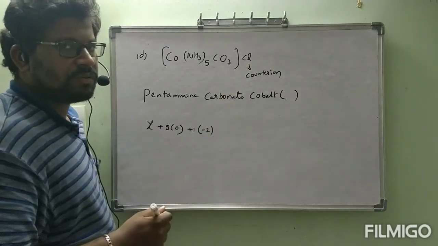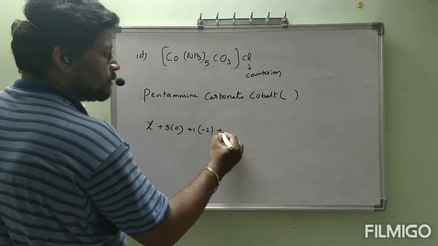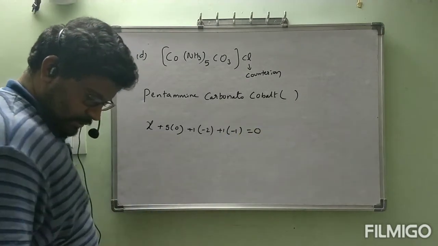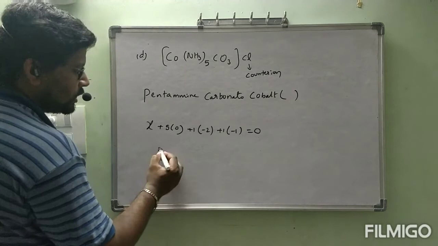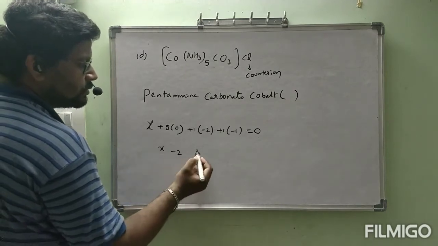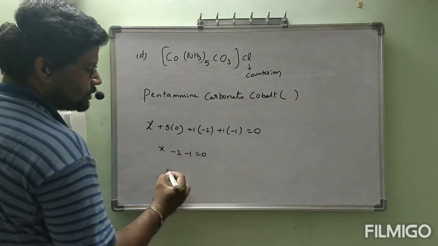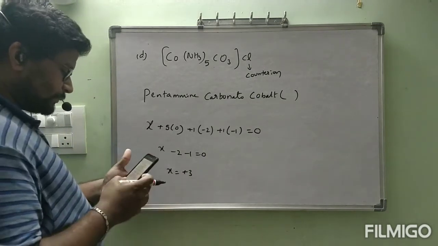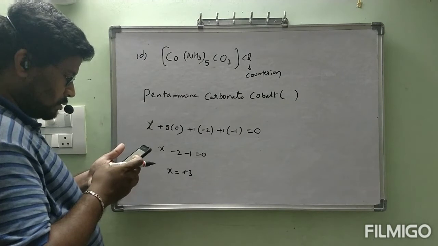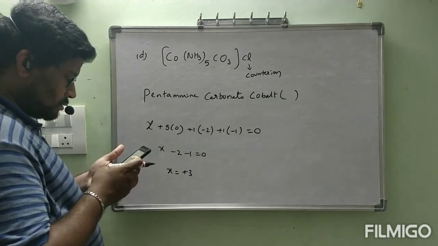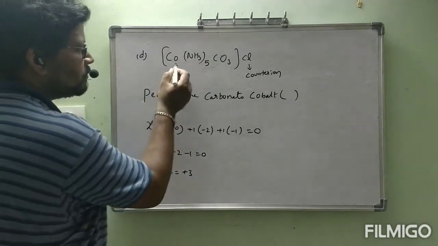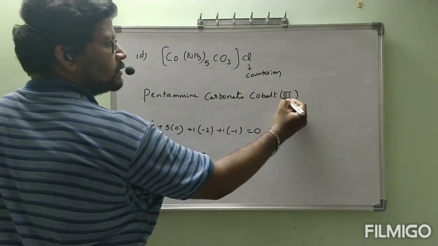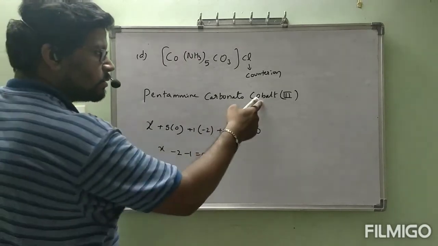What is the charge on chlorine? -1. The total is equal to 0. X - 2 - 1 = 0, so X is equal to +3. What is the charge on cobalt? +3. So I write Roman numeral III, cobalt(III).